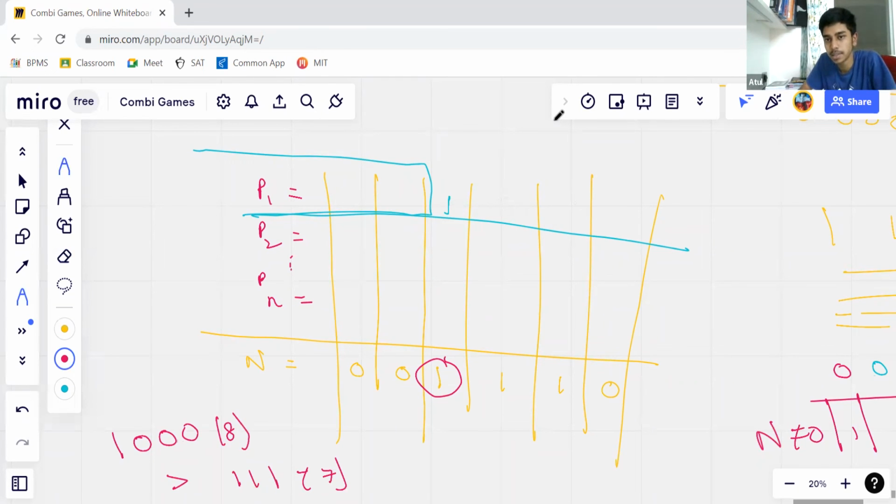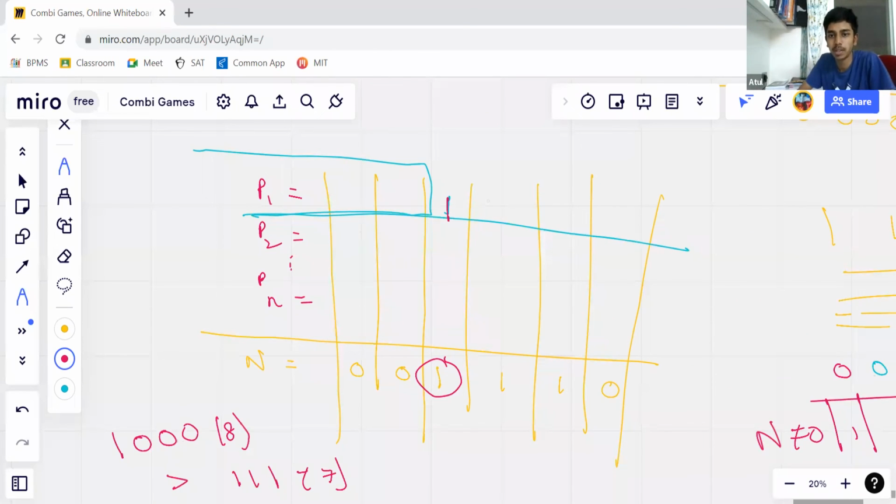Any changes I make, the worst case, the largest this entire thing becomes, is when it's all 111. But because there's this 1 here, this is bigger than that. So I am removing something from the pile, and I'm not ending up adding something to the pile.